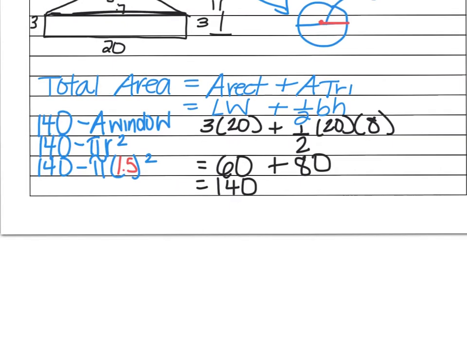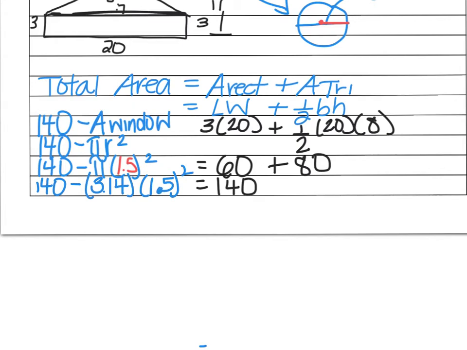Just going to move this up a little bit. So we're going to have 140 minus, now what is pi? Pi is 3.14. So if you have a button in your calculator, you can use the pi button, but if not, you can plug in 3.14, which is rounding what pi actually is, and you can multiply by this 1.5 squared.